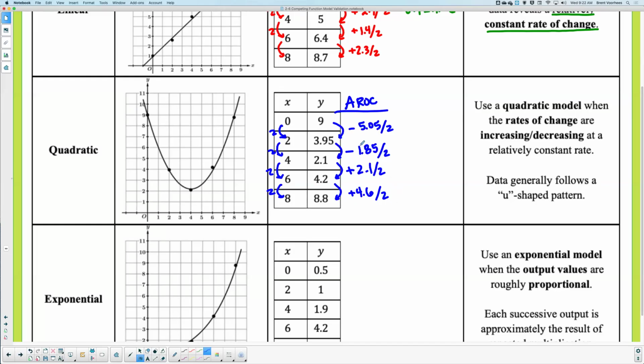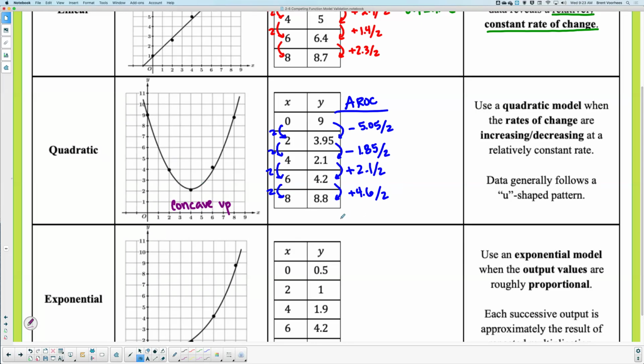But what is happening each time on a quadratic function is that they're always increasing or they're always decreasing, because a quadratic is either concave up or concave down. In this example, are we concave up or concave down? Concave up. Because this is concave up, the AROC is always increasing. It's getting bigger and bigger each time.